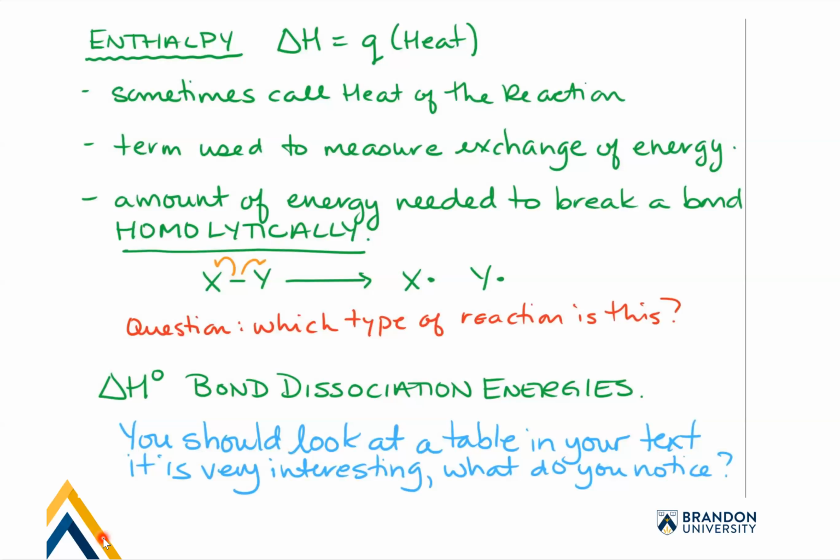So this is what the next part is going to be about. Okay, so enthalpy, sometimes we call this the heat of reaction, and it's used to talk about that exchange of energy which we were just talking about. If you want to break a bond, it requires energy from the surroundings.